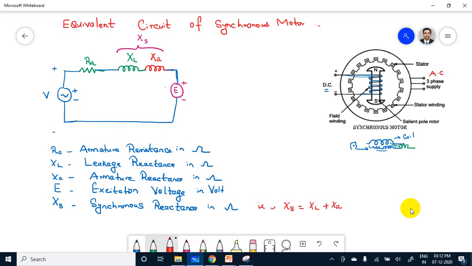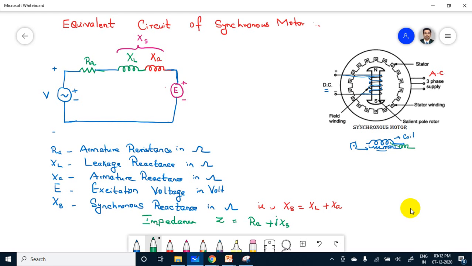Okay, so the combination of resistance and reactance we can write as impedance. Impedance Z equal to Ra plus jXs, because Xs is a reactance term, it has an imaginary part.